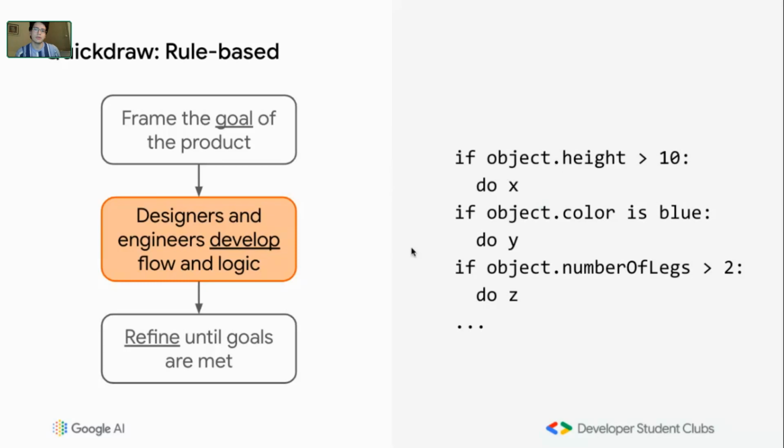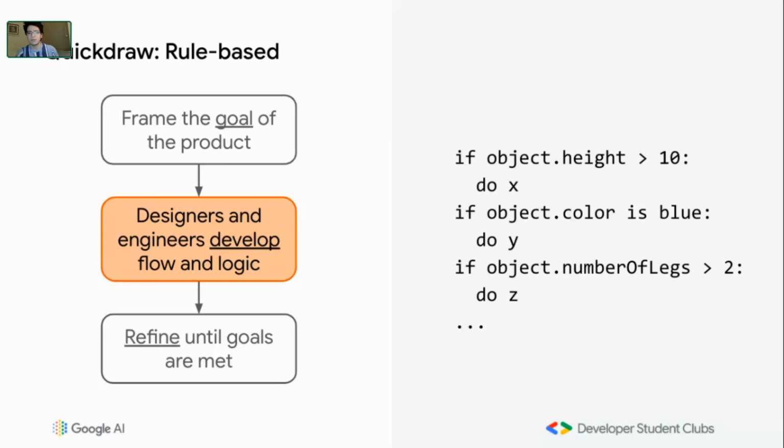So if we're doing this in a rule-based fashion, which is in coding, we might say, well, okay, let's say we're getting a carrot, right? And we're trying to get a model to recognize a carrot. So we might say, well, if the object's height is 10.